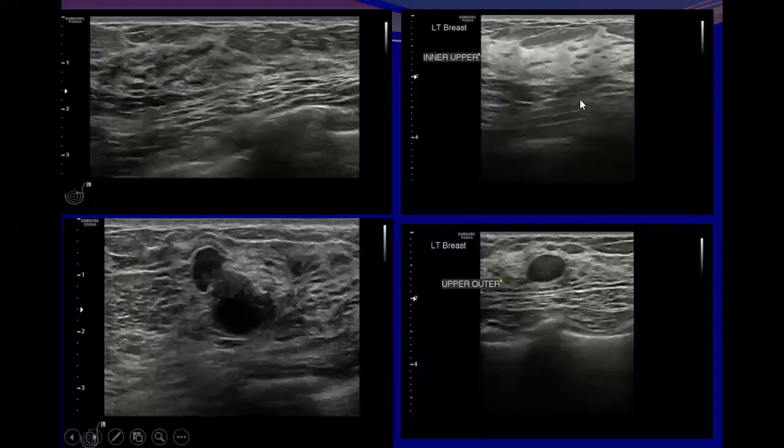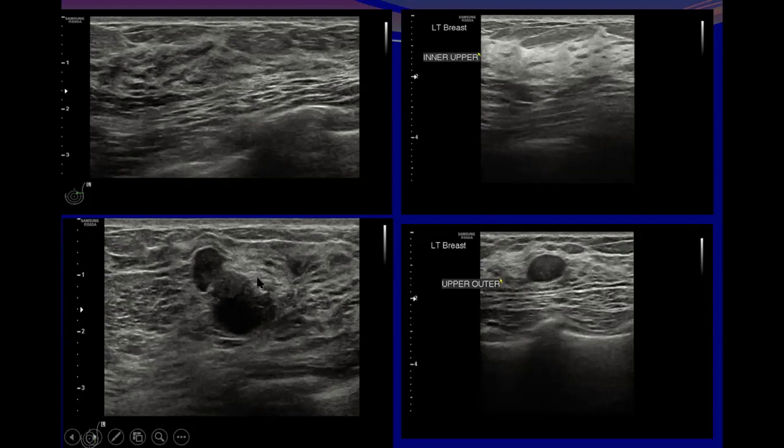As you have seen here, I can see from the skin down to the pectoralis muscle. This is the focal zone here in the middle. And while scanning these patients at the same focal zone, we could appreciate these lesions.